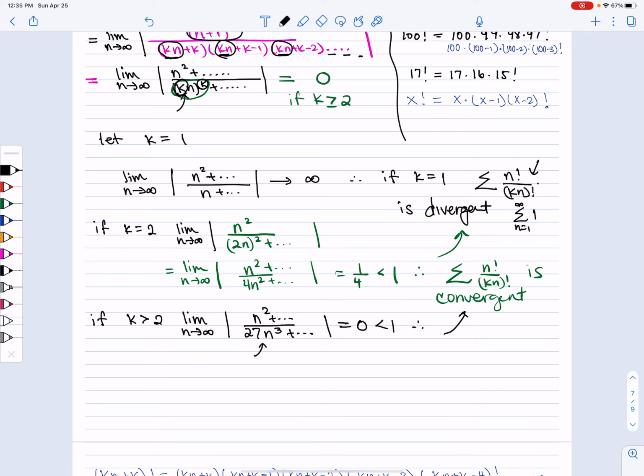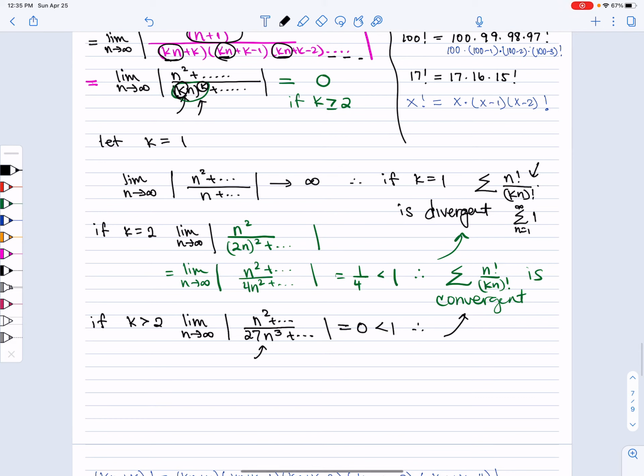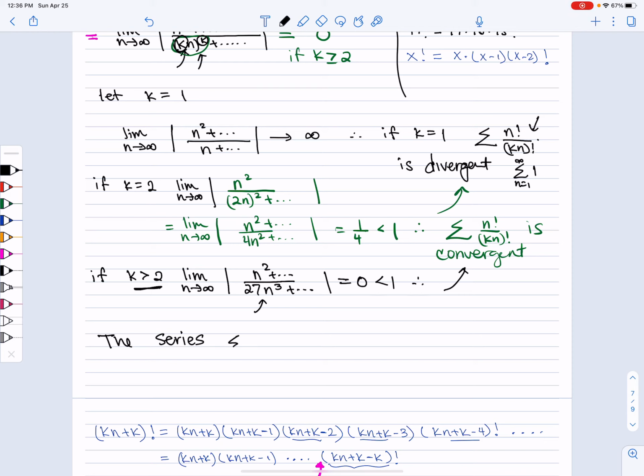You can plug in 4, you can plug in 5, you can plug in whatever number you want. So for k values greater than 2, your series is convergent. So we can say that the series as n goes from 0 to infinity of n factorial over kn factorial is convergent for k values that are greater than or equal to 2.